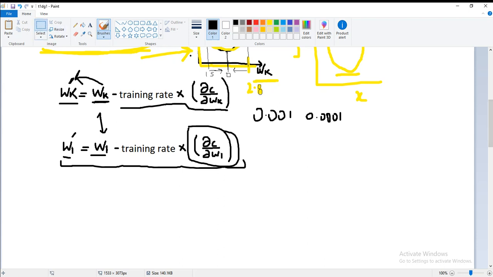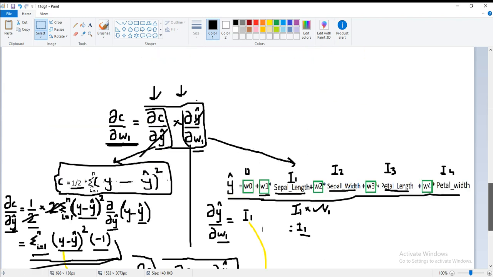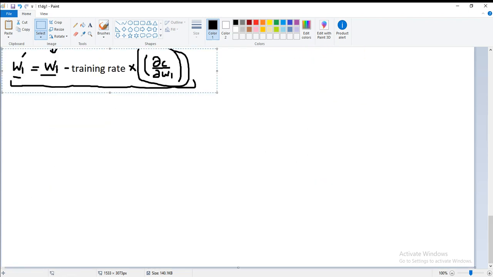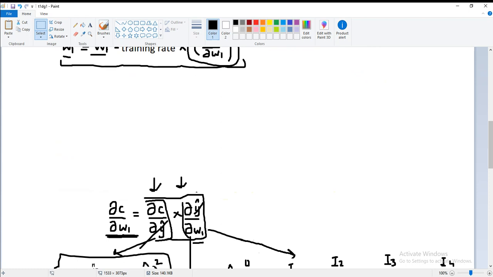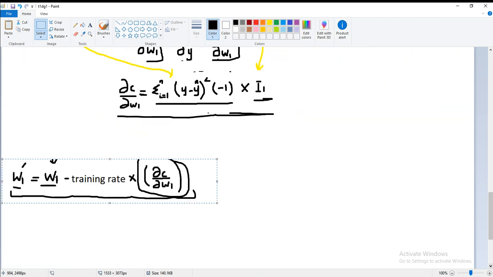So let me copy this right here, and we'll replace this part, partial derivative of cost with respect to w1, with the equation above. Let me erase this, or let me take the brush here.